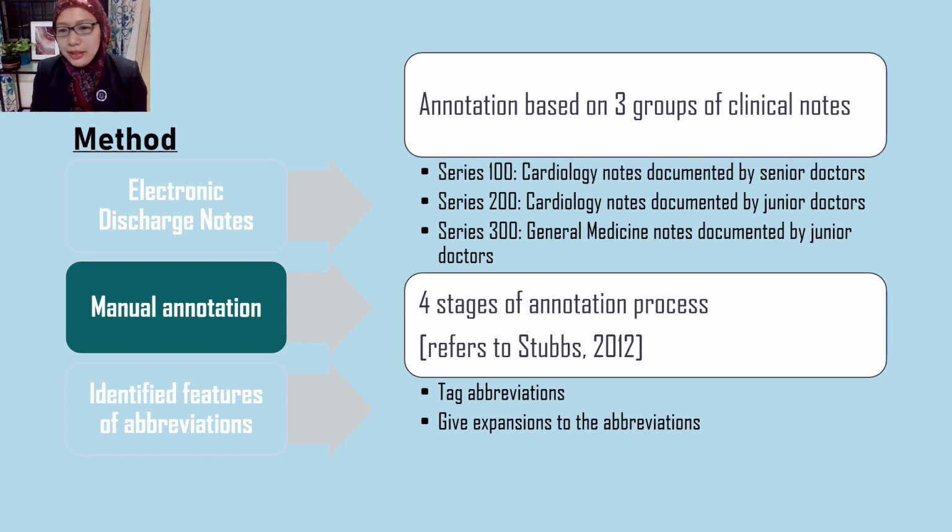At the end of the annotation, since the annotation is done independently by at least two annotators working on a single note, if there's any discrepancy, then an adjudicator with more than 5 years of clinical experience will look at the annotations and select which one is the right one.